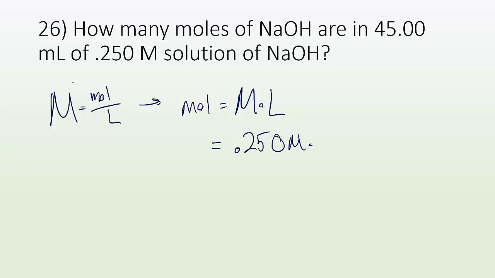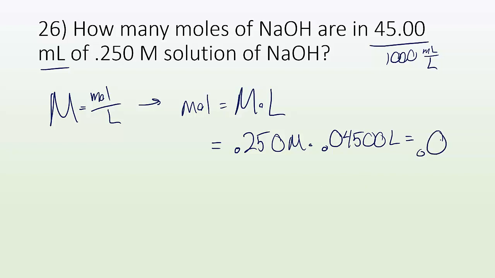Here they give me milliliters, though. So I got to quick divide that by 1,000 milliliters per liter so that I end up with liters, and I get 0.04500 liters. And when I plug and chug that, I get an answer of 0.0113 moles of NaOH, sodium hydroxide.